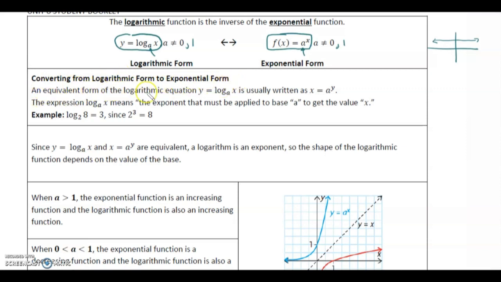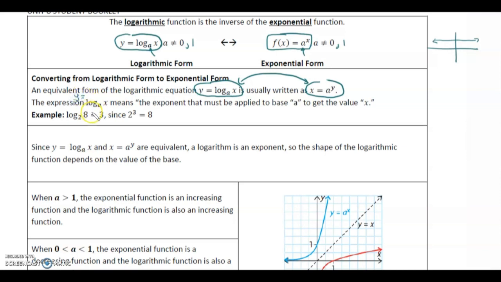An equivalent form of the logarithmic form of this is usually written as this. So this is how we toggle between logarithmic and exponential form, and we're going to see this a lot in our questions.